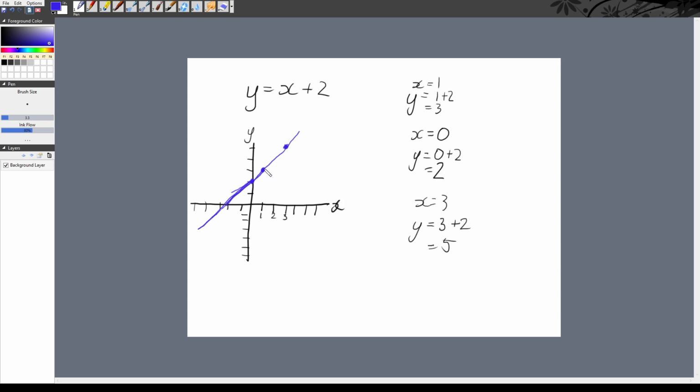I can now see all the values of x and where they would be on this line. And so if you ended up all the way up here, you could go, well, what's my y? My y is over here. And what's my x? Well, my x is just down here. So we can just instantly find an answer by looking at this graph instead of having to calculate it.